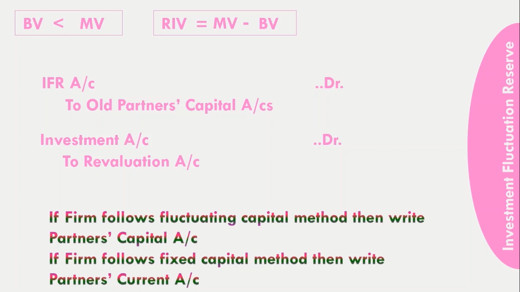Now, our last method. Sometimes partners decide to maintain these reserves, accumulated profits and losses at their original value in the new firm. So they just pass a single entry to give effect to the transaction. Now how to pass that?